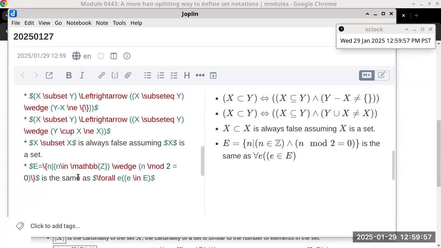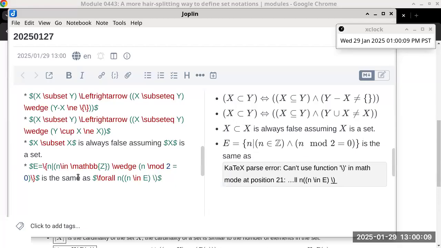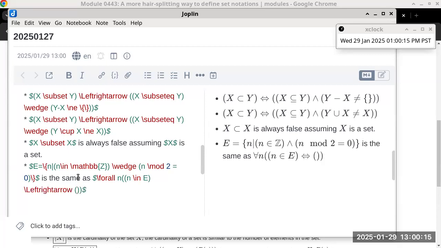Okay, I guess E is not good here, let's use N instead, because otherwise I have to spell out uppercase or lowercase, so N is good. Okay, so N is in E. Once again, if and only if, left-right arrow, if and only if, and then I just copy the same equation as above.